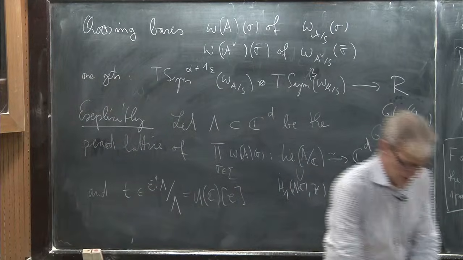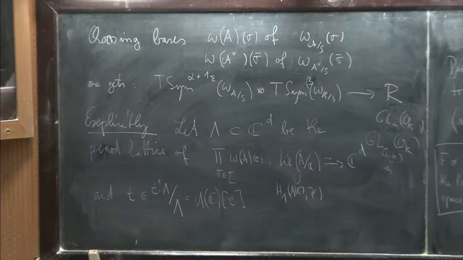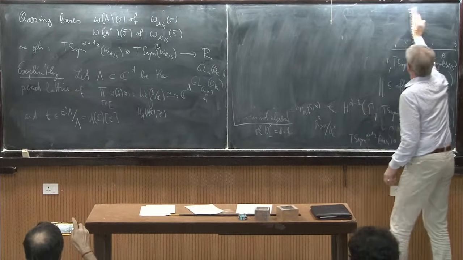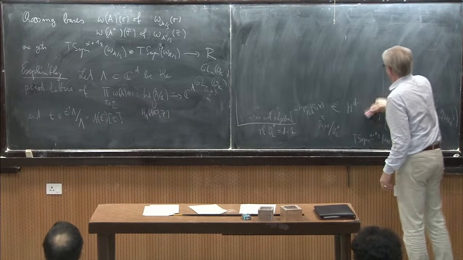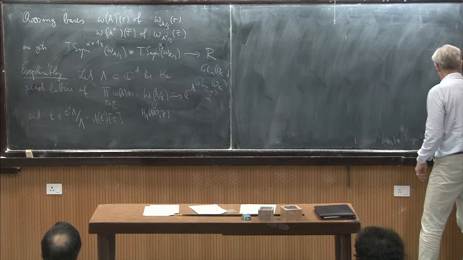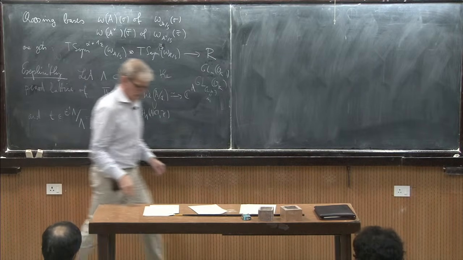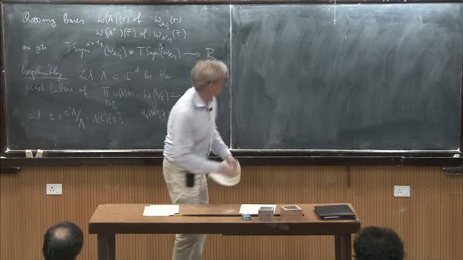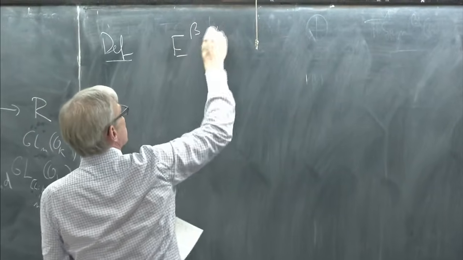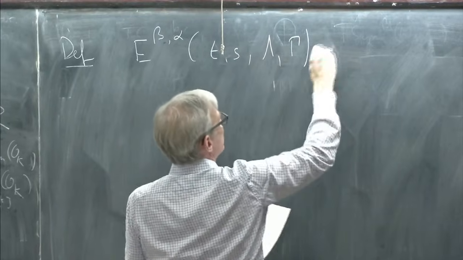Then we define the Eisenstein series as follows. E beta alpha, T, S, lambda, gamma.